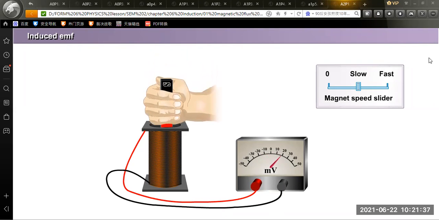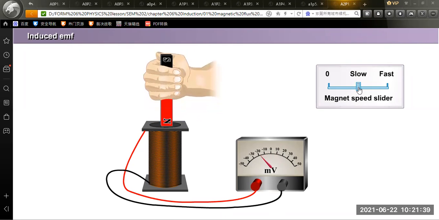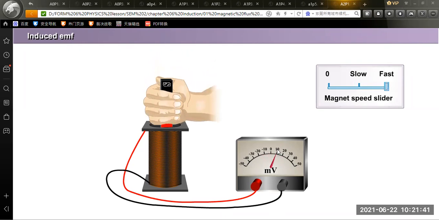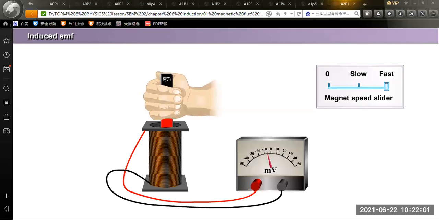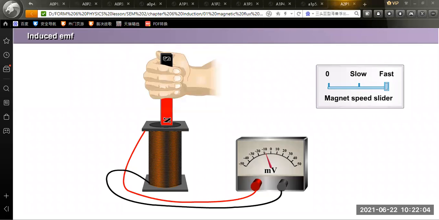If the magnet moves at a faster speed, we notice that the left side shows -40 milliwatt and the right side 40 milliwatt. So this shows that the magnitude of the EMF is directly proportional to the speed of the magnet in the solenoid.